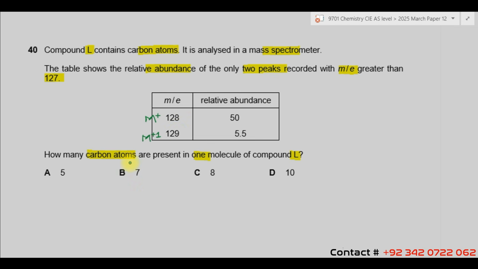Okay, now let's write down the formula that can be used to find out carbon atoms. So number of carbons is equal to 100 divided by 1.1 into abundance of M plus 1 peak divided by abundance of M plus peak.